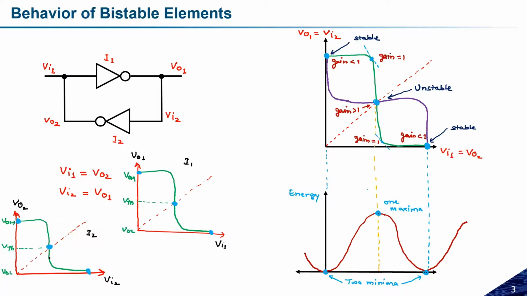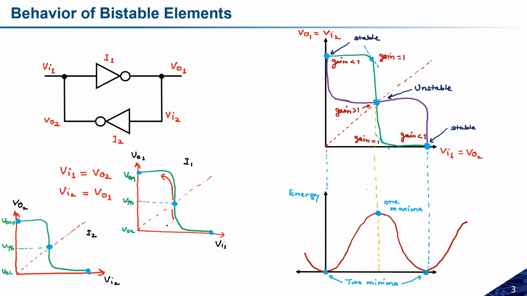But the important thing is, if somehow I move this unstable point somewhere here or somewhere here, the gain will be changed. If it is moving in this particular direction, it means the input VI1 is moving towards the lower side, so the output will move towards the higher side. So we can make them biased towards a particular logic. Let me repeat, this is really very important, especially if we are designing digital systems.